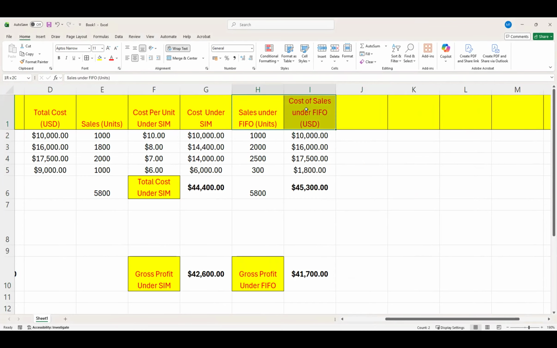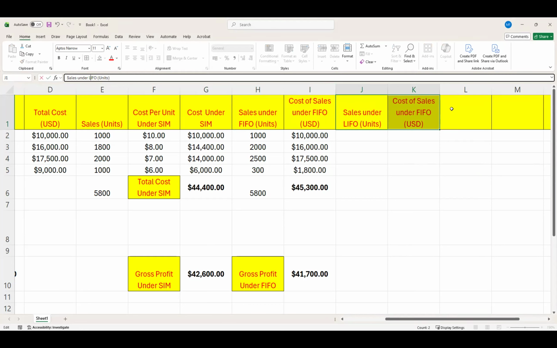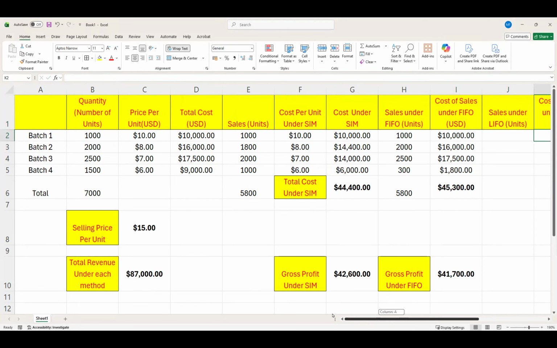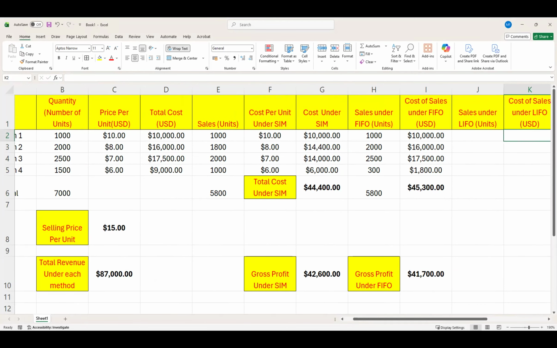So under LIFO, what is the sales in units and what is the cost of sales in dollars? Let's calculate that. First, tell me how the batches will be separated in terms of the number of units for LIFO.